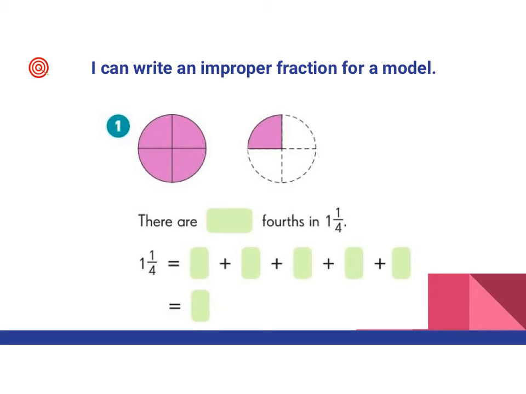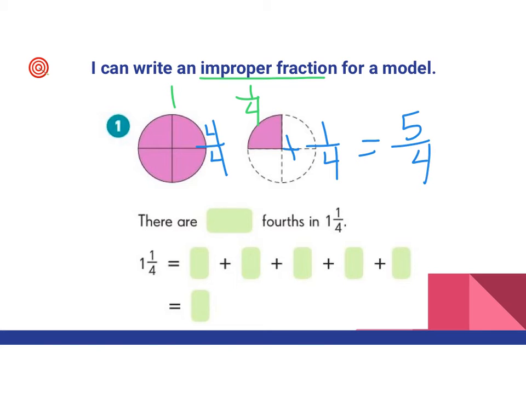How about this one? What would the improper fraction be for this model? I've got 1 whole and 1/4 of another shaded in pink. That 1 whole, as far as fourths go, all 4 of the fourths are colored in, plus the 1/4 colored in over here would give me a total of 5/4.